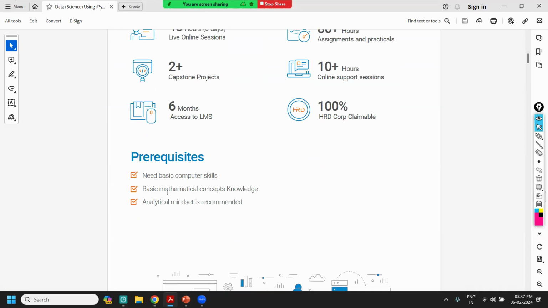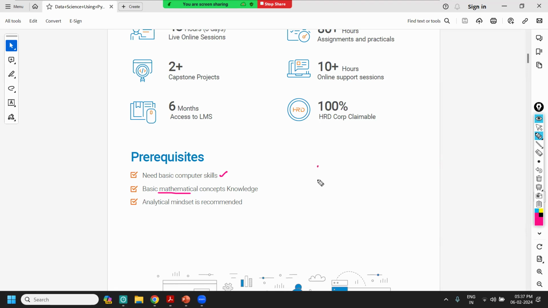What you need as a prerequisite, as I told, this particular concept of data science is applicable for all the domains, right? It does not restrict to any one domain. So if you see here, all you need is basic computer skills. You need some basic mathematical concepts. And when I say mathematical concepts, we are talking about primary education.